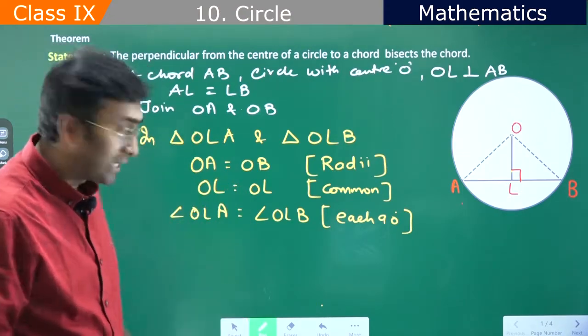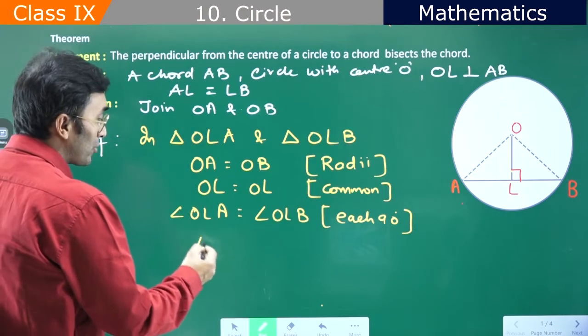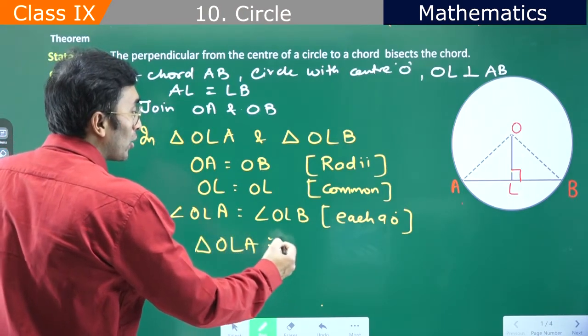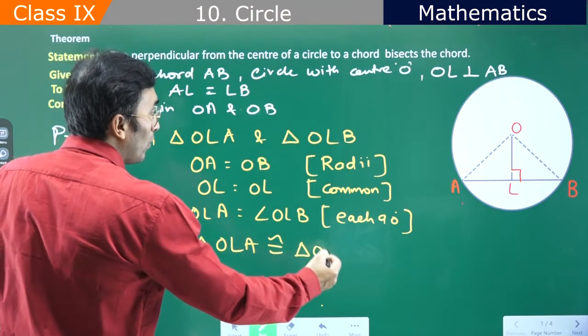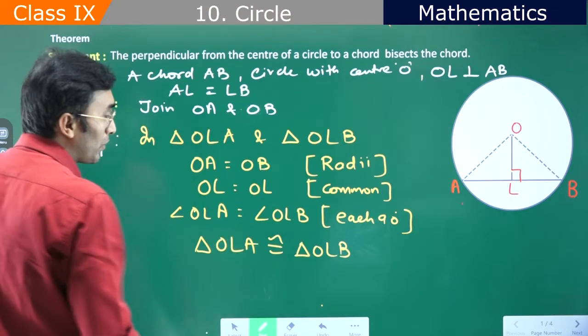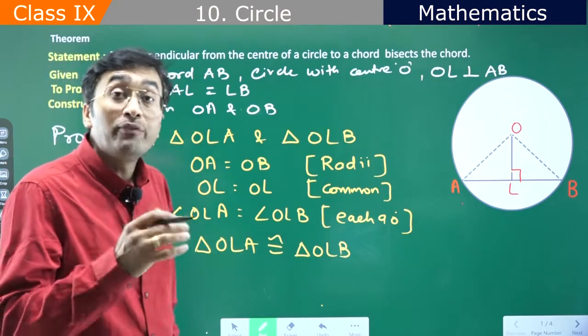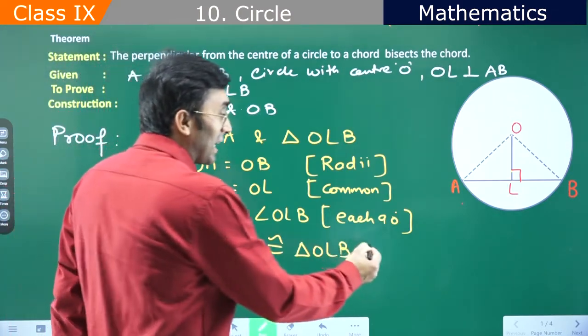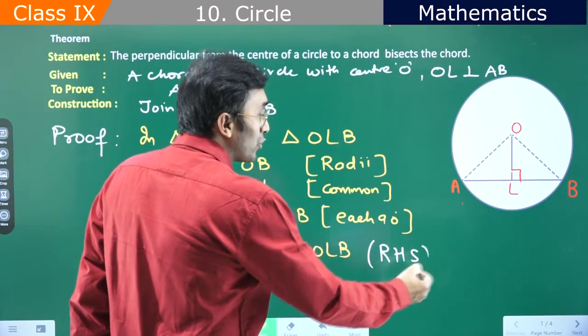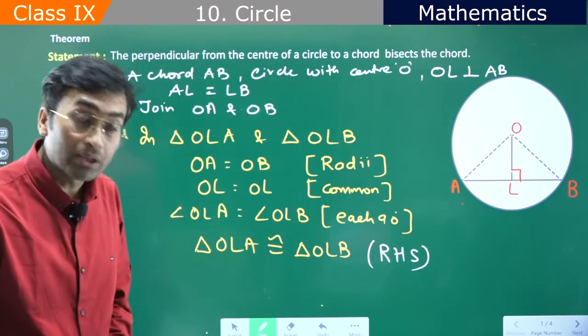Now we have the three conditions, so triangle OLA is congruent to triangle OLB. By which criterion? By the RHS rule, these two triangles are congruent.